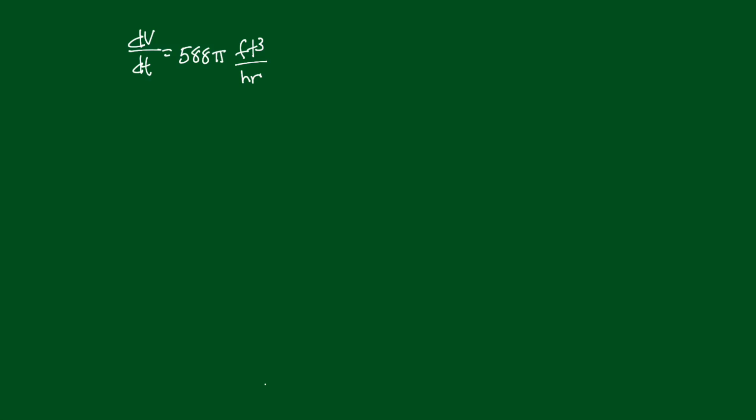To make that interpretation, I'm going to write our number like this: dV/dt is equal to a fraction, 588 pi cubic feet over, not just an hour, but 1 hour. So what it says is that as t increases by 1, V will increase by 588 pi cubic feet.